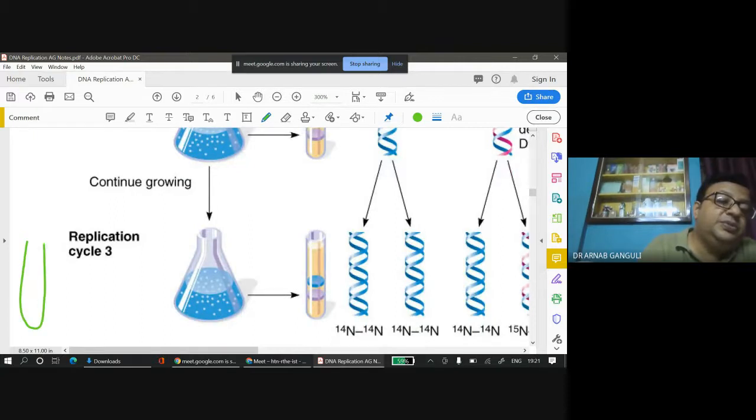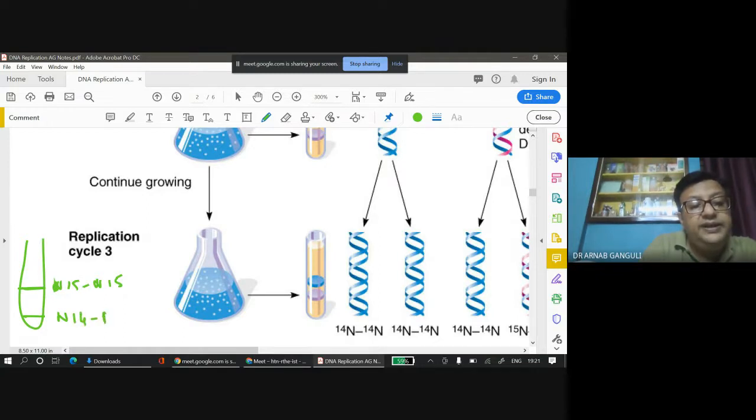So in this tube, the heaviest band will be this is N15, N15, and N14, N14, both the strands. And you'll have a third band. This is N15, N14. This is the hybrid N14, N15.